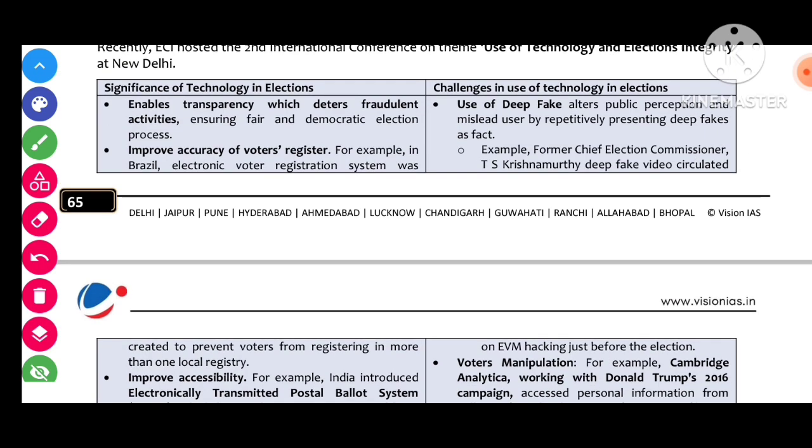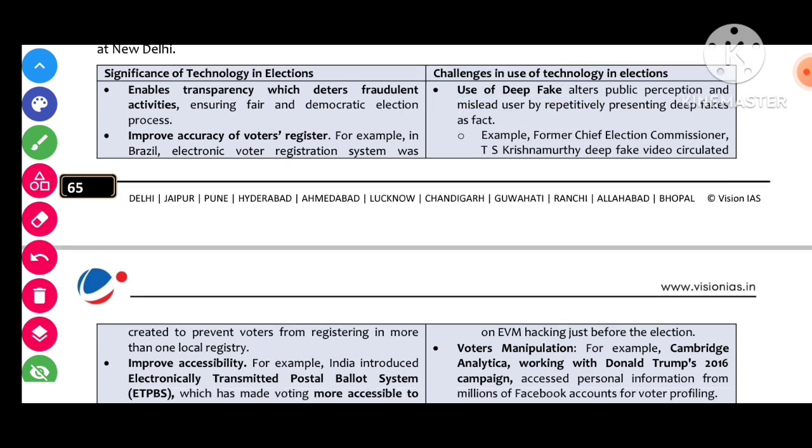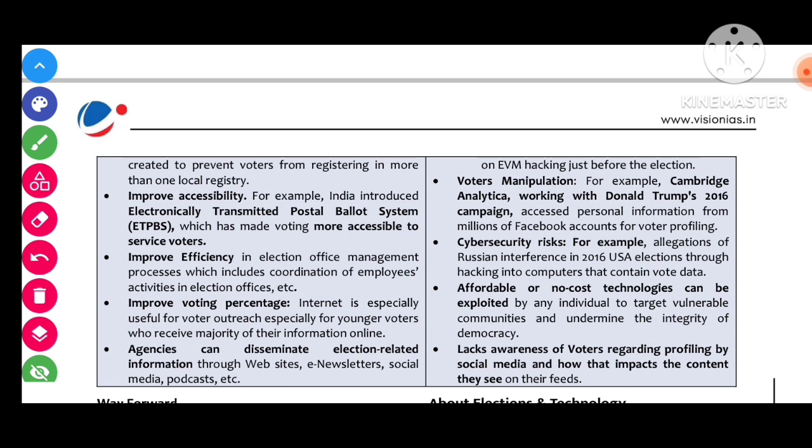So remember, and what are the challenges in use of technology in elections, such as use of deepfakes. So remember only the keywords, and you can tackle them in answer writing to spread your thoughts. Okay, or clear thoughts which you can grab from this information, like EVM hacking just before the election, and voter manipulation such as Cambridge Analytica working with Donald Trump's 2016 campaign, and cybersecurity risks.